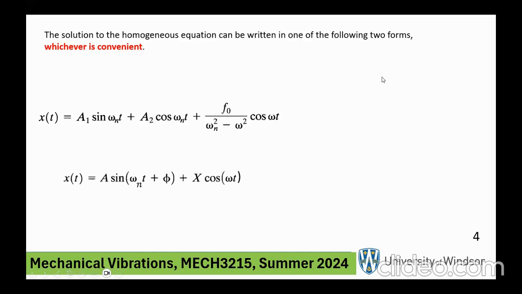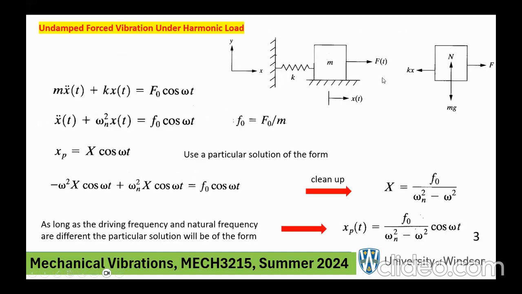Let me remind you what the equation was. If x double dot plus omega n squared x equals 0, the solution to that is sine and cosine of the frequency omega n.